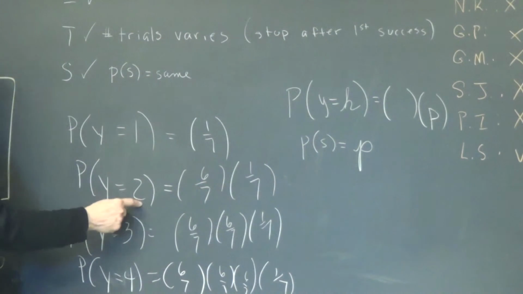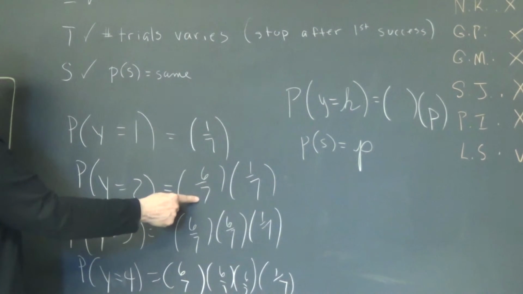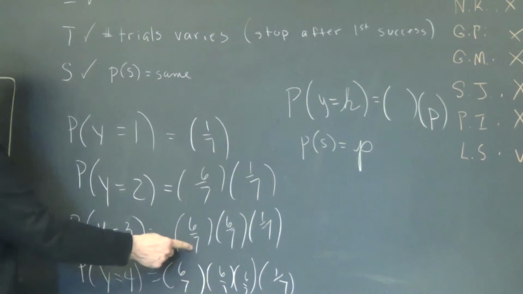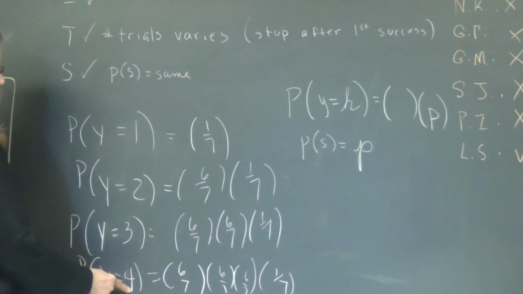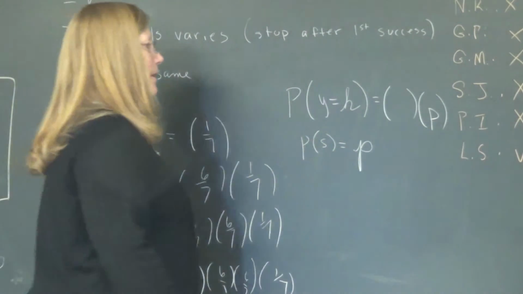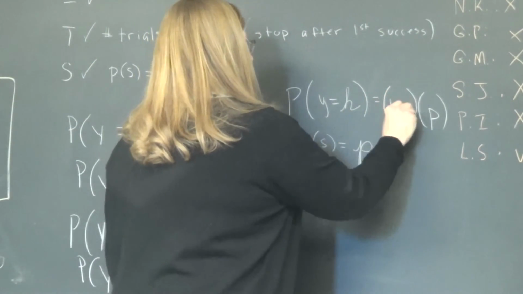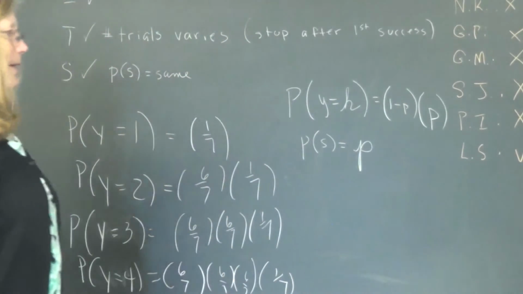When Y equals 2, we got 1 minus p how many times? Just 1. When Y equals 3, how many 1 minus p's were there? And when Y equals 4? So in general, if we're looking for k, 1 minus p occurs how many times?